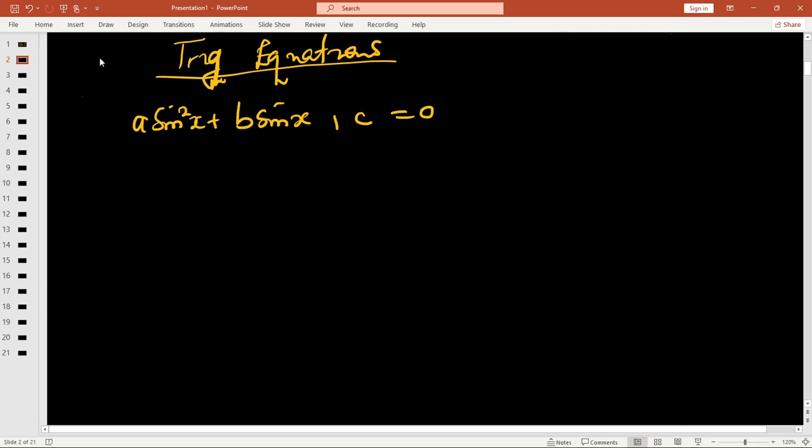Okay, case 4. There are instances when you are given a trigonometric equation that has a trig identity. So you need to use trig identities to simplify and then solve the trigonometric equation.